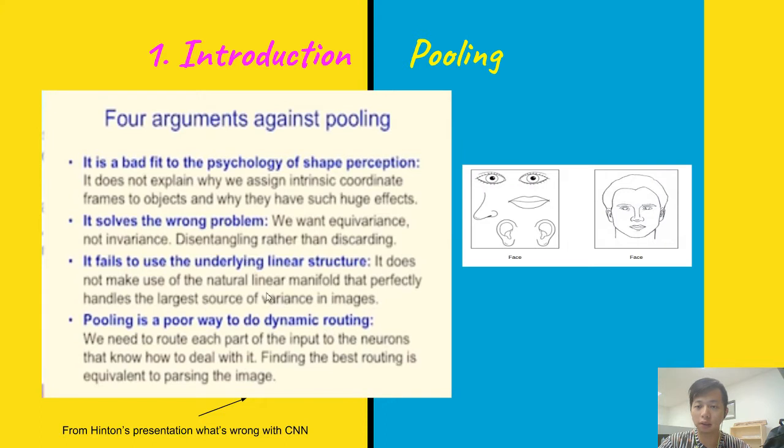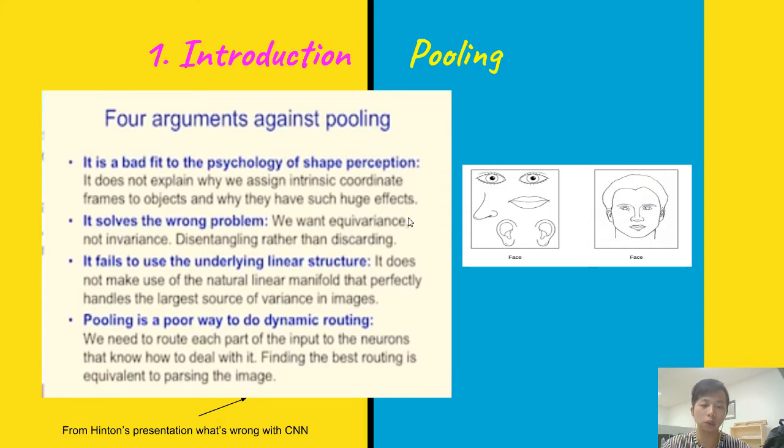Hinton has listed 4 arguments against pooling. The first one is it is a bad fit to the psychology of shape perception because it does not explain why we assign intrinsic coordinate frames to objects. And the second one is it solves the wrong problem because we want equivariance instead of invariance.